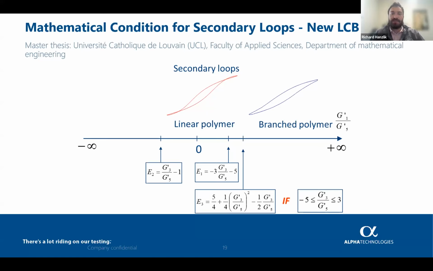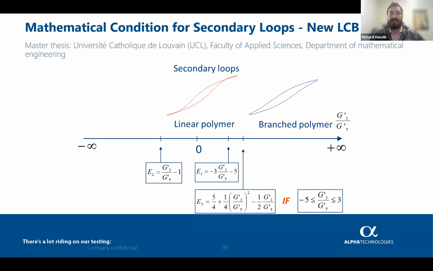So basically here we're looking at a short mathematical outline followed to determine the analytical conditions associated with the onset of these additional loops. So here's essentially the math behind what these Lissajous plots are showing. E3 is going to be equal to some constants where we're looking at G prime at the third harmonic divided by G prime at the fifth harmonic minus G prime at the third harmonic divided by G prime at the fifth harmonic.